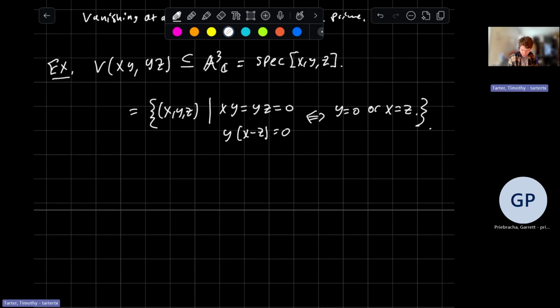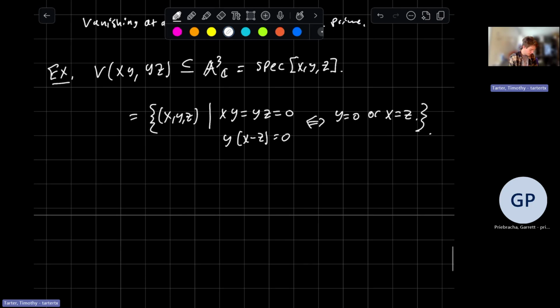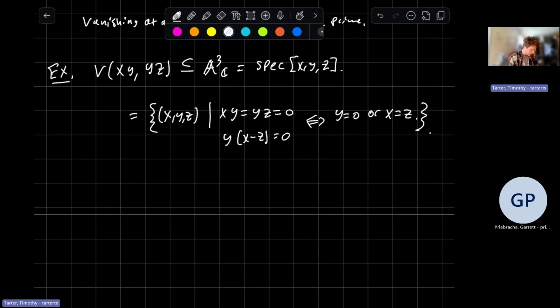In terms of Spec, the above condition holds, but we also have the generic point of the xz plane, which is the ideal generated by y.